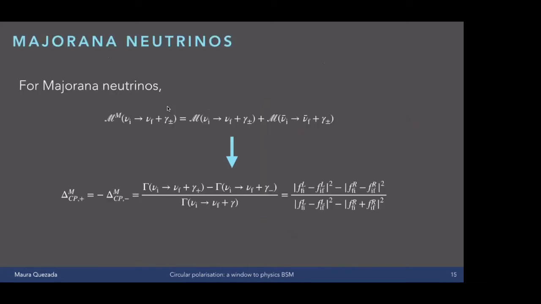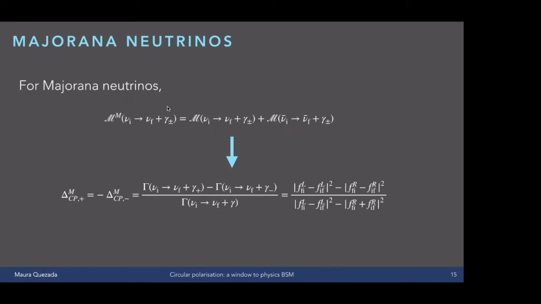Now, the same thing we can do for Majorana neutrinos. So far, I've just been describing the case of Dirac neutrinos. But for the case of Majorana neutrinos, we can basically follow the same steps. The difference comes from the fact that for Majorana neutrinos, we have to take into account in the total matrix element the antineutrino decay as well, right? Because a Majorana neutrino is its own antiparticle, so we just need to include this. And the matrix element is exactly the same as I showed before for the two different cases.